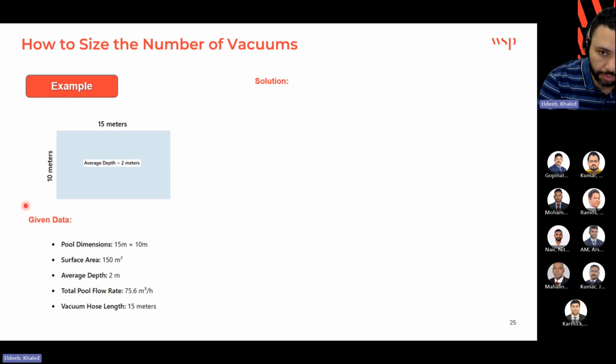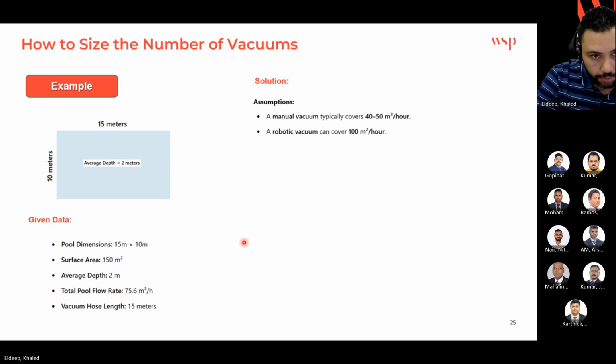It could be less or more, but the average is 15 meters. The manual vacuum typically covers 40 to 50 square meters, and the robotic covers 100 square meters every hour.